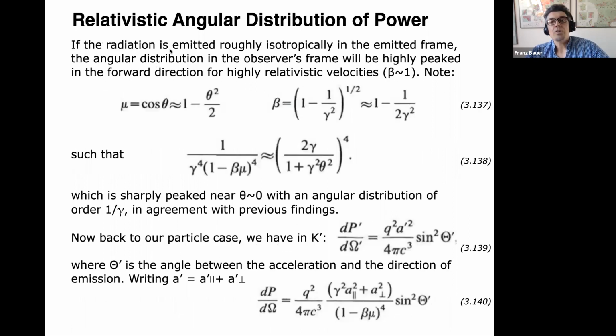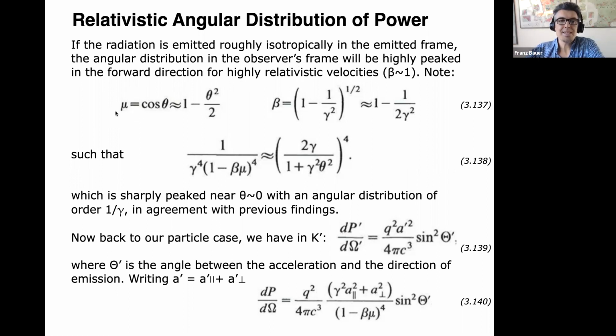So let's imagine that we have a source which emits isotropically in its frame, and we want to see what the observer sees. We did the relativistic boosting a couple of lectures ago. When we transform from isotropic radiation in one frame to what's actually going to be observed in the observer frame, this ends up being highly peaked in one direction, the forward direction, for very highly relativistic velocities.